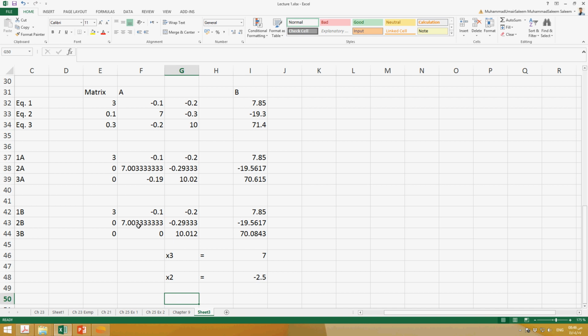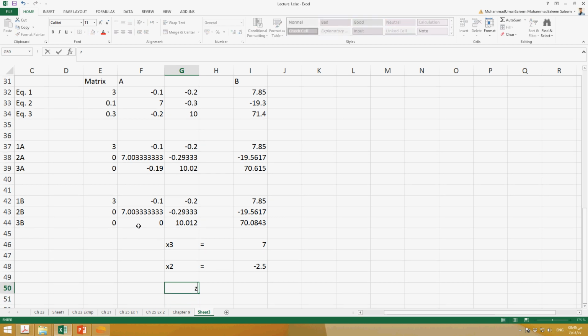So now how can we find out x1? We can find x1 from here. This is the equation, this is x3, x2, and this is x1. Now we have the value of x2, we have the value of x3, and we want the value of x1. How can we find it?